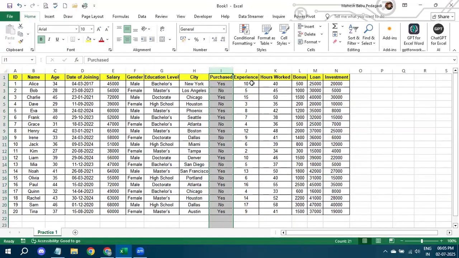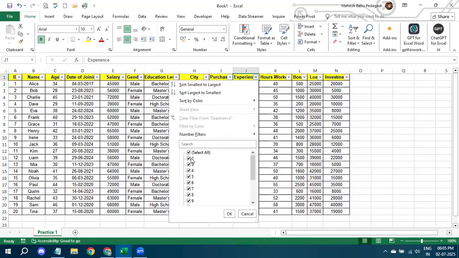I will show you how. In a numerical column there are numbers. When I use filter and sort the data, my least value is 2 and my highest value is 17.